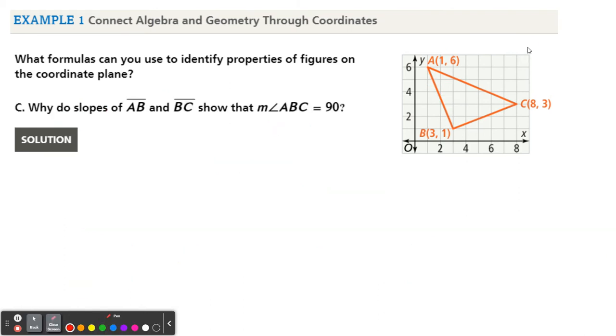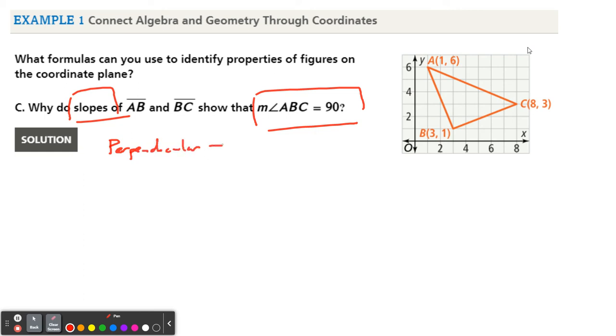Last on this video, part C. Why do slopes of segments AB and BC show that angle ABC is 90 degrees, right? So why do slopes show 90-degree angles? Well, remember, if two segments form a right angle, that means those two segments are perpendicular.